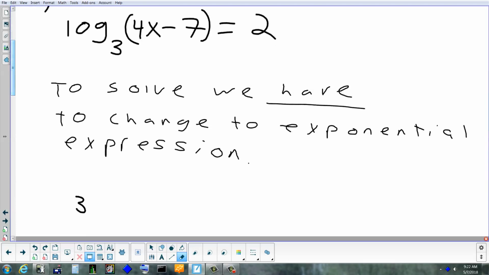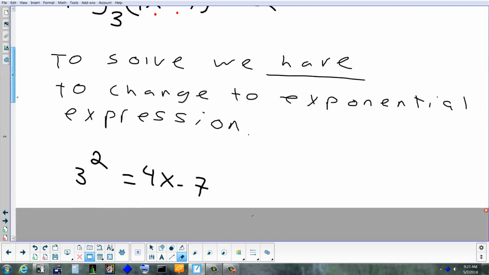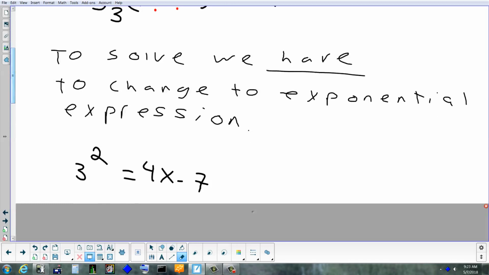Alan, how about my exponent? 2. 2, yep. Logarithm always equals the exponent. And then remember the argument. If you argue, you're going to annoy people. You end up by yourself. Argument ends up by itself. 4x minus 7. And now from here, this is just an algebra 1 equation. So now we just finish solving it.